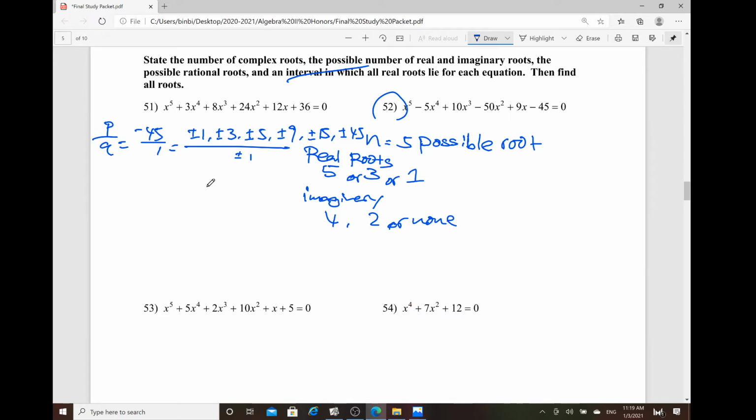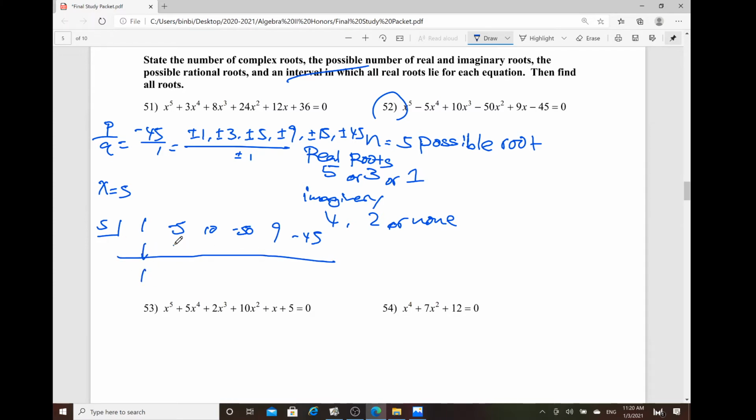Okay, so for the divisor, let's start with x equals 5 and see what happens. And then the coefficients: 1, negative 5, 10, negative 50, 9, and negative 45. Again, synthetic division: the first number, we don't do anything to it, bring it down.